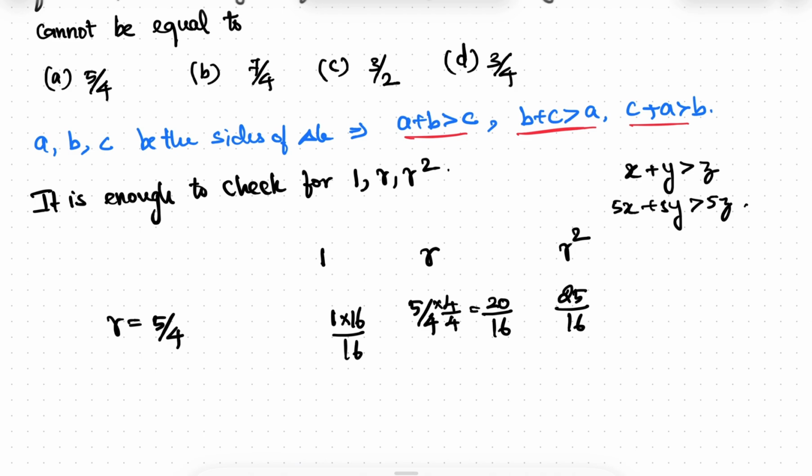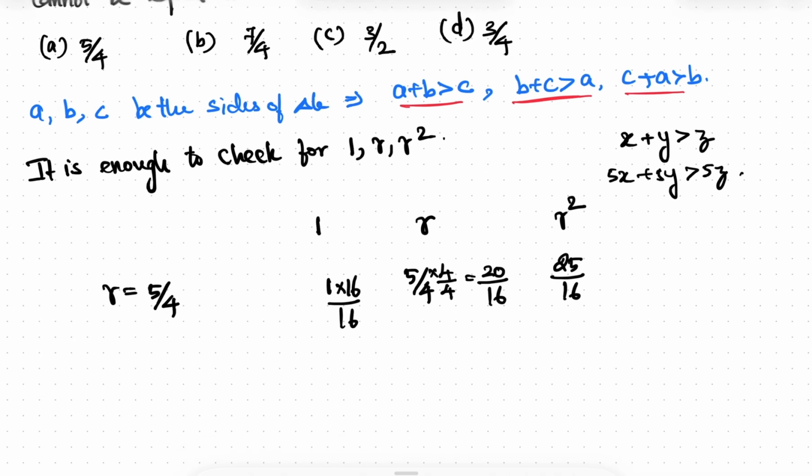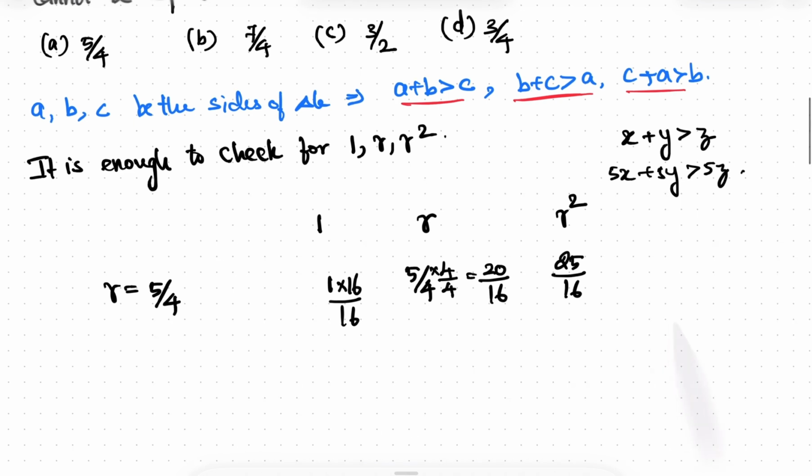So it is enough to know the largest side of the triangle. If C is the largest side, and if I add the two smaller sides and the sum is greater than the largest side, then the other conditions are automatically satisfied, right? That is what I'm going to do here.